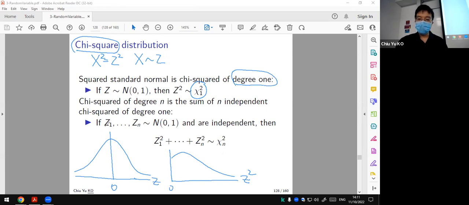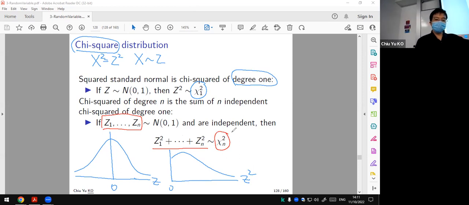If you have n of these added up, that is called chi-square of degree n. So chi-square of degree 3 is just 3 independent chi-squares added together.